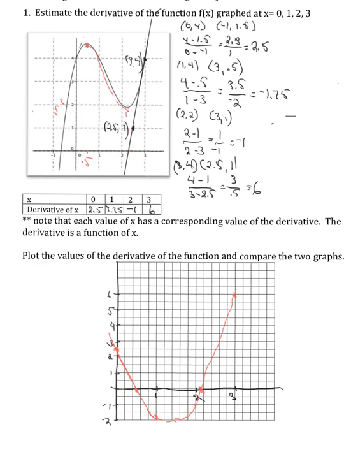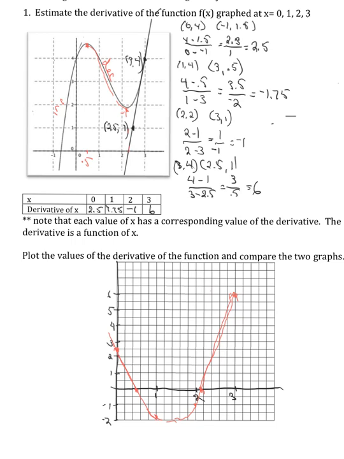So notice right here about 2.3 and about 0.5, my derivative graph is below the x-axis. My original graph is decreasing. Now, from that minimum, it's increasing from that approximately 2.3 to infinity. My derivative graph is above the x-axis.